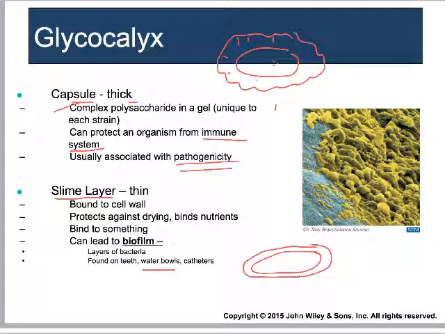If it gets slimy, the bacteria are settling on the bottom and starting to form a layer. Your teeth in the morning before you brush, you know how they feel filmy? That's a biofilm. A biofilm is just layers of these slime layers stuck together. They can be a medical concern because biofilms can accumulate in catheters or airway tubes, things like that.